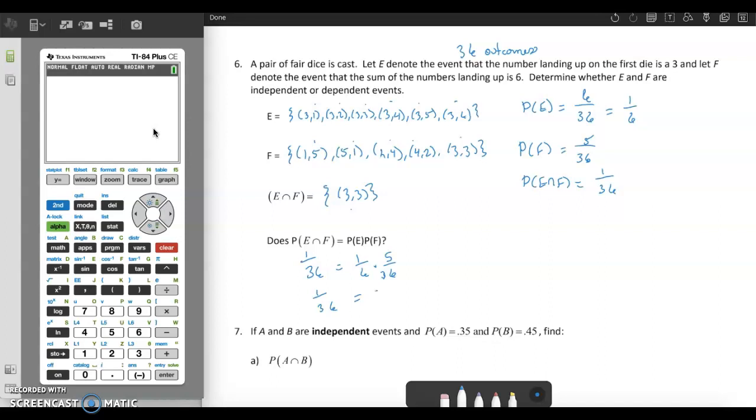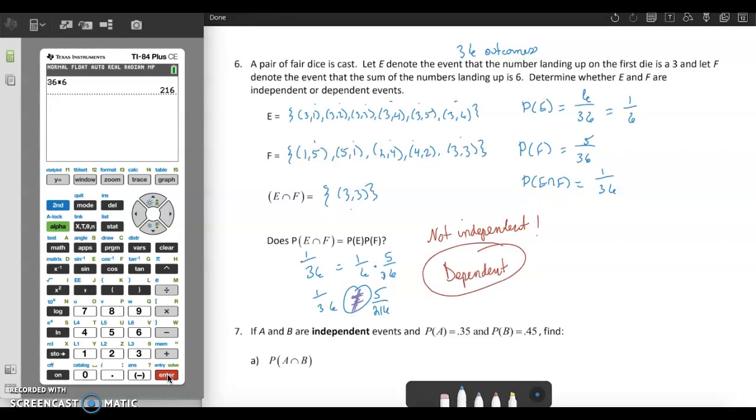So does that equal 5 out of, what's 36 times 6? 216? Those two are not equal to each other. So I would say these are not independent. They are dependent.